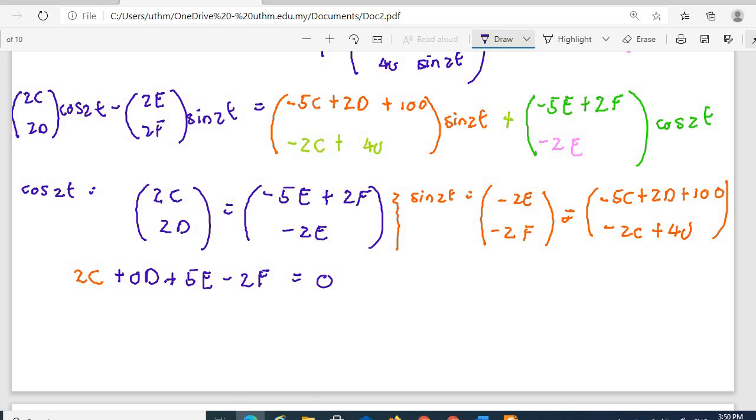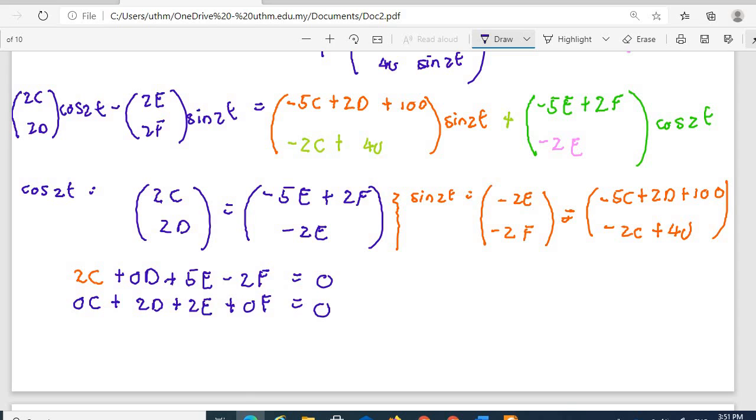And from the cos 2t term, 2c, don't have d, so 0d. The right side negative 5e, bring to the left side so positive 5e. Positive 2f, bring to the left side, becomes negative 2f. And then the second equation from cos 2t, here you have d, you don't have c. So 0c plus 2d, e on the right hand side, bring to the left side, so plus 2e, don't have f, so plus 0f equals 0, because we don't have a constant.